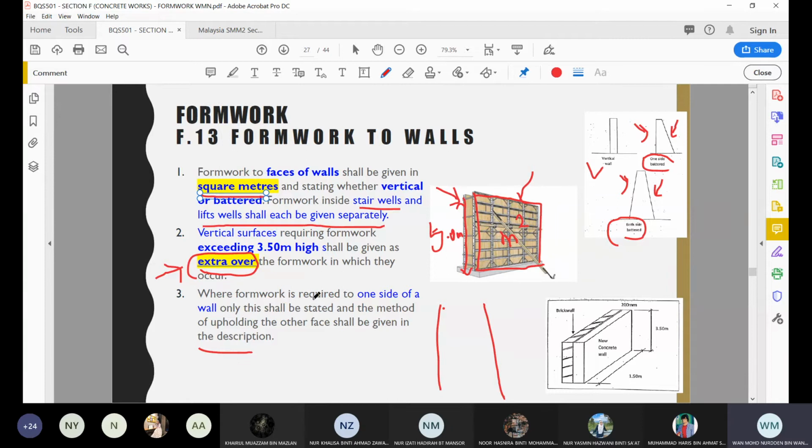But in case where formwork is required to one side of wall only, kita kena cerita. Katakanlah kat sebelah sana ada brick wall. So we should state in the description that this is only supported at one side. Formwork at only one side, and the other side will be supported with the brick wall.